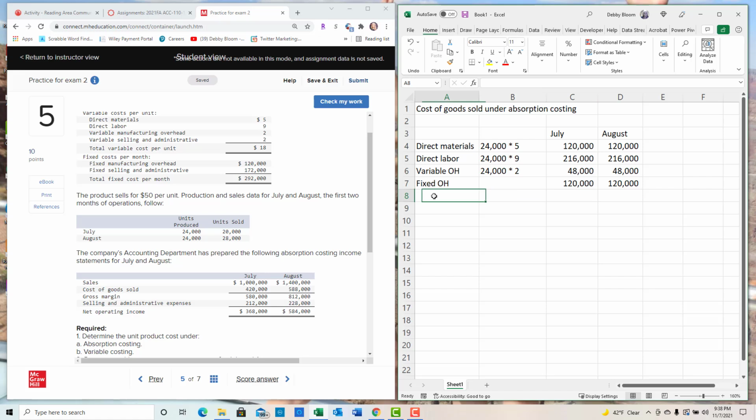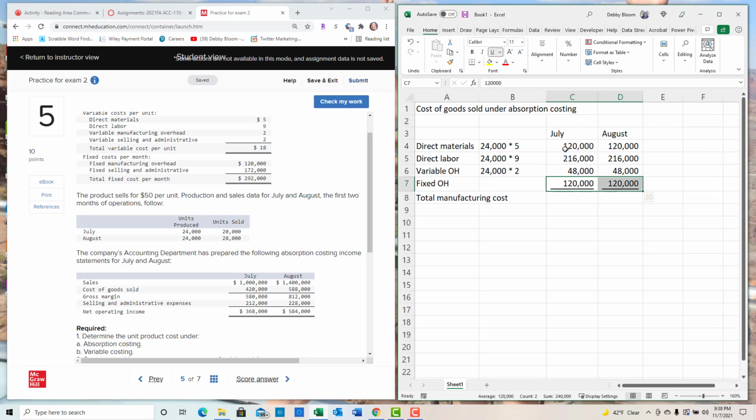So now what we're going to do is add the total manufacturing costs for both July and August, which is going to be exactly the same. So we have $504,000. Then what we do is divide it by the number of units produced.